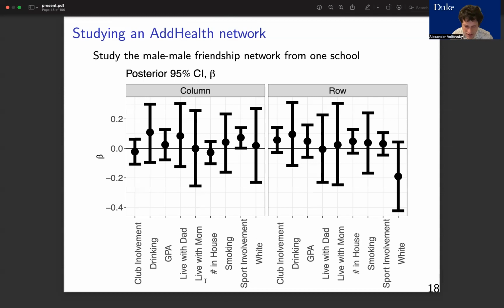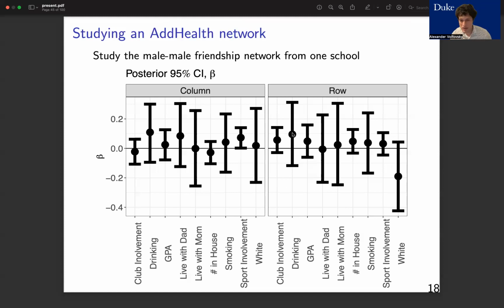What we can see here is that there's a column effect of sports involvement, it seems, maybe. These are credible intervals rather than confidence intervals. There seems to be something going on with the race indicator here that might be negatively correlated with having friendships.